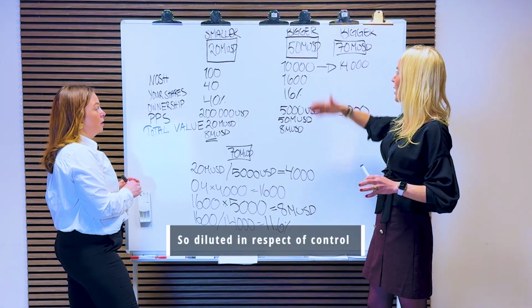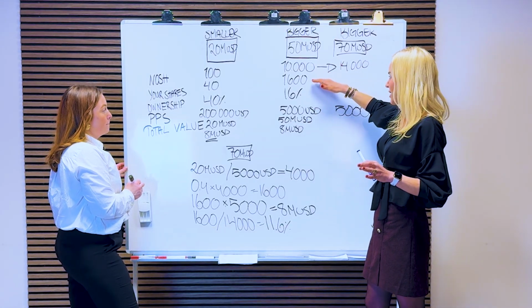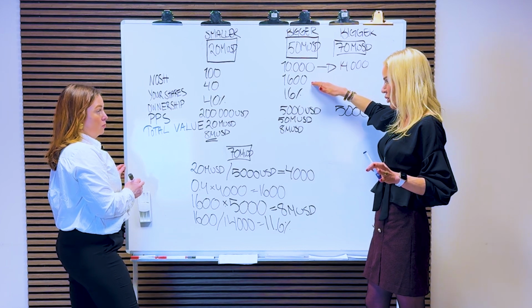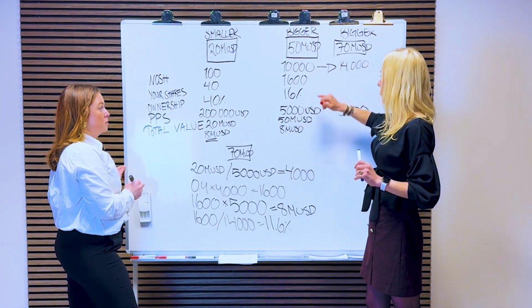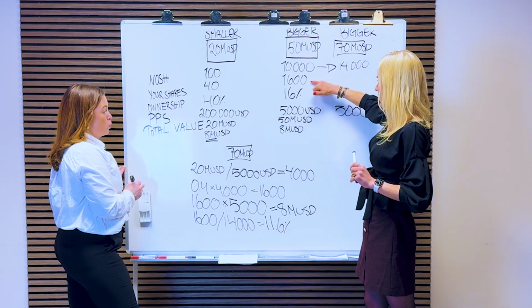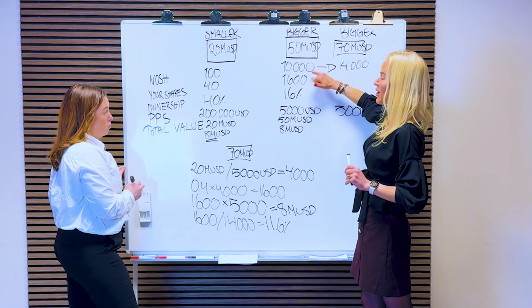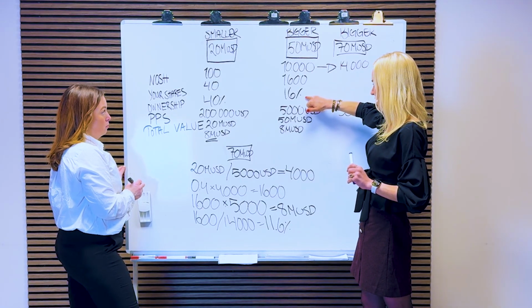And what about Kurt? His shares remain the same, right? We've not touched those. Every current shareholder in the bigger entity is fine. But what about his ownership stake? Well, before he had 1,600 shares of 10,000, representing an ownership of 16%.